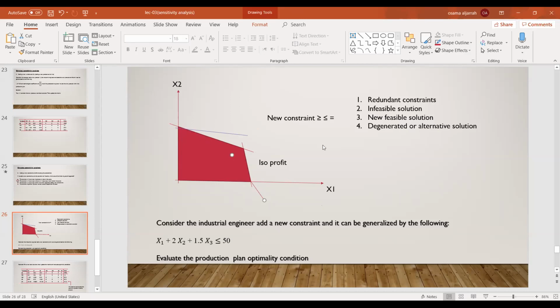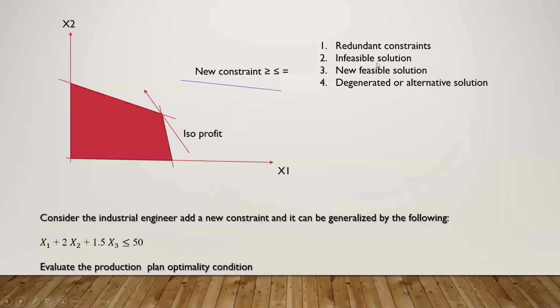When it's alternative, it will have the same answer, but it will never be, by the way, an enhancement in your solution. It might also be a redundant constraint. If it's redundant, it will not constrain your feasible area.